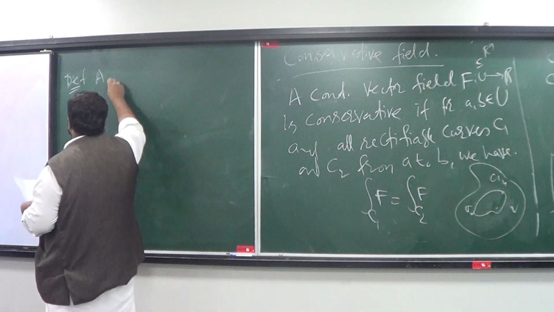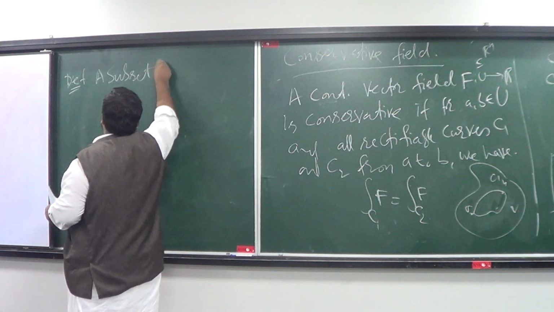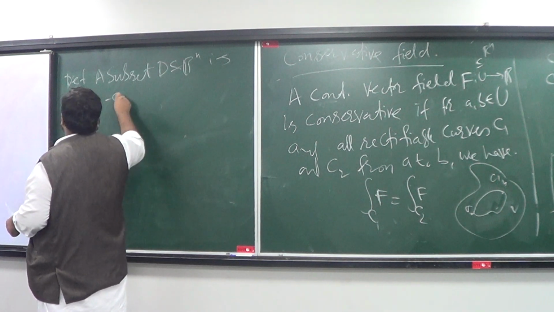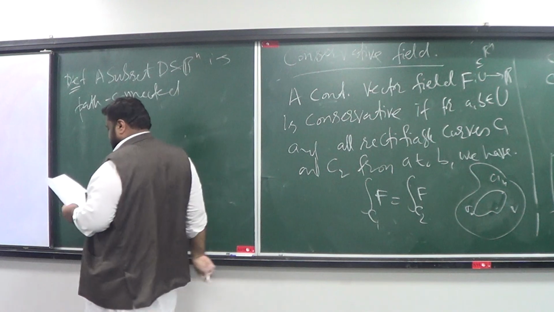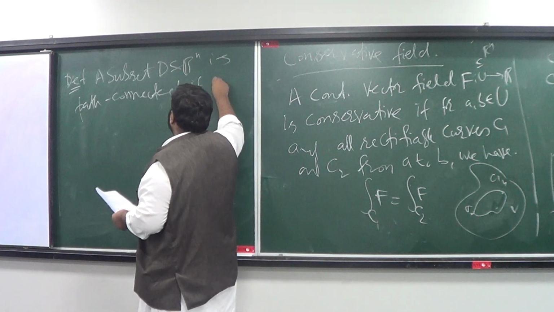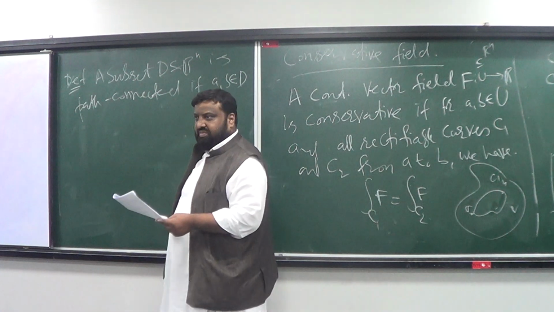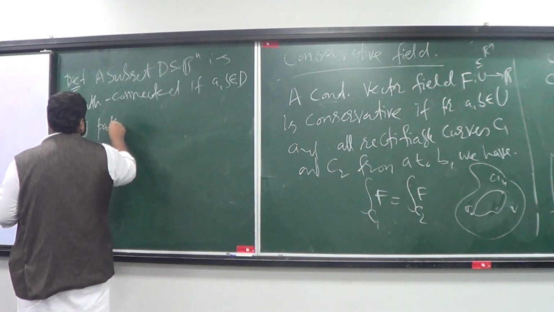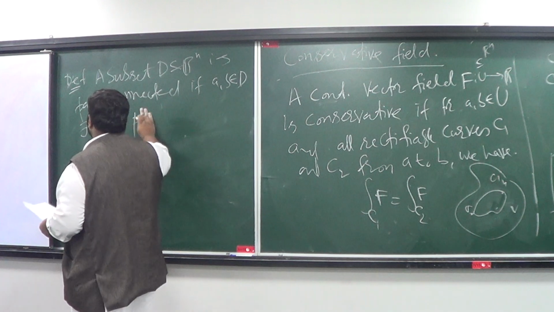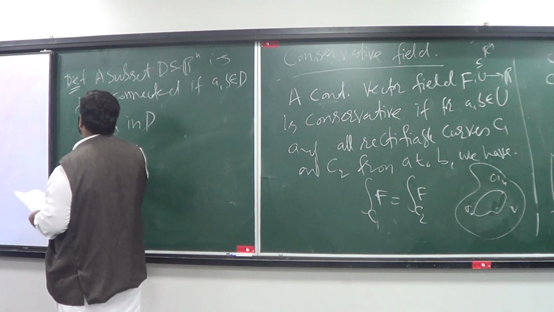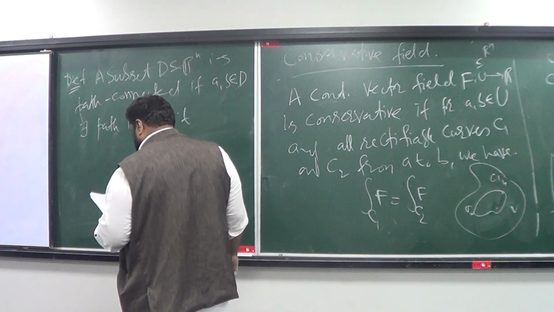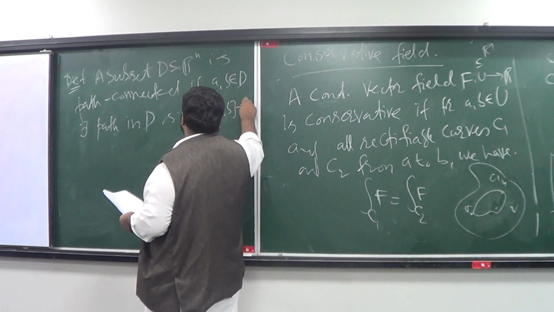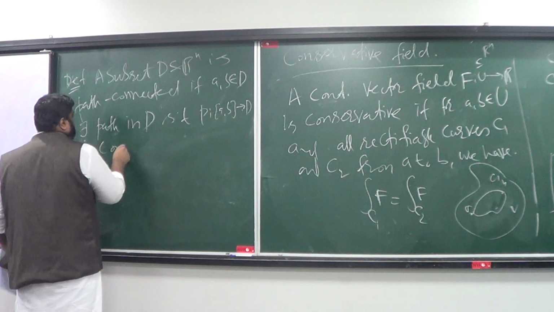Let me quickly say that a subset D of Rn is path connected if you take any two points from the region, and you can find a path P in D such that P from A to B into D is a continuous map.